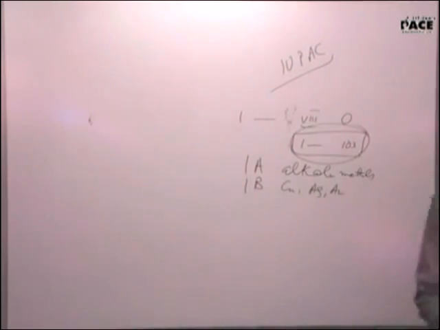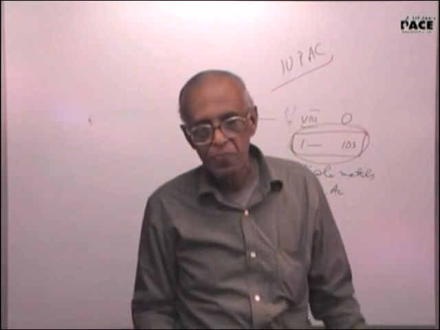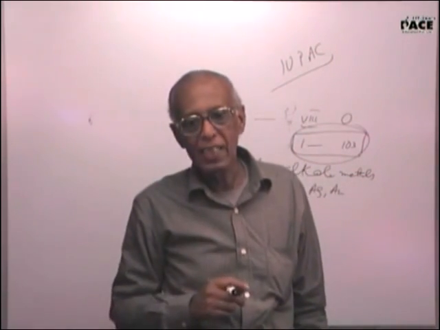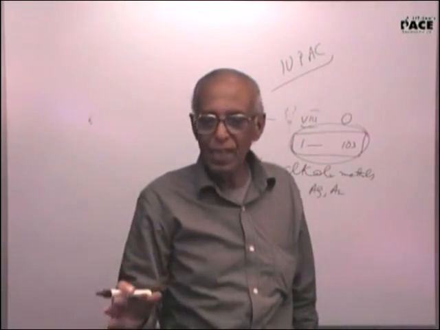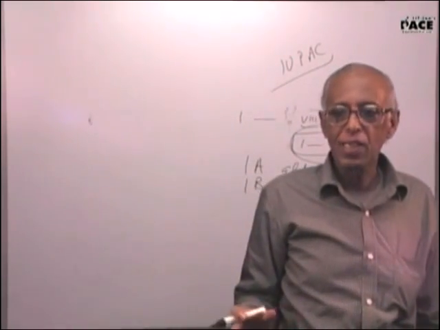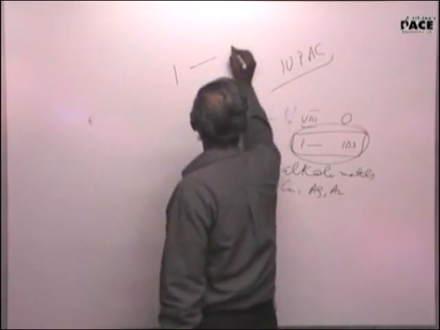As a result, the controversy went on for years together, till 1989, when IUPAC came into the picture and said, enough is enough, no more controversy, and they grouped the elements from 1 to 18.